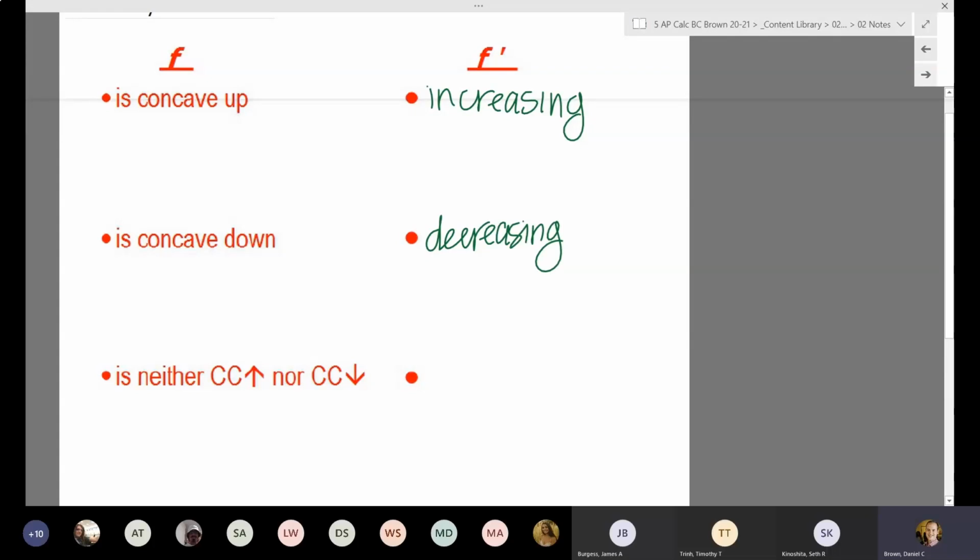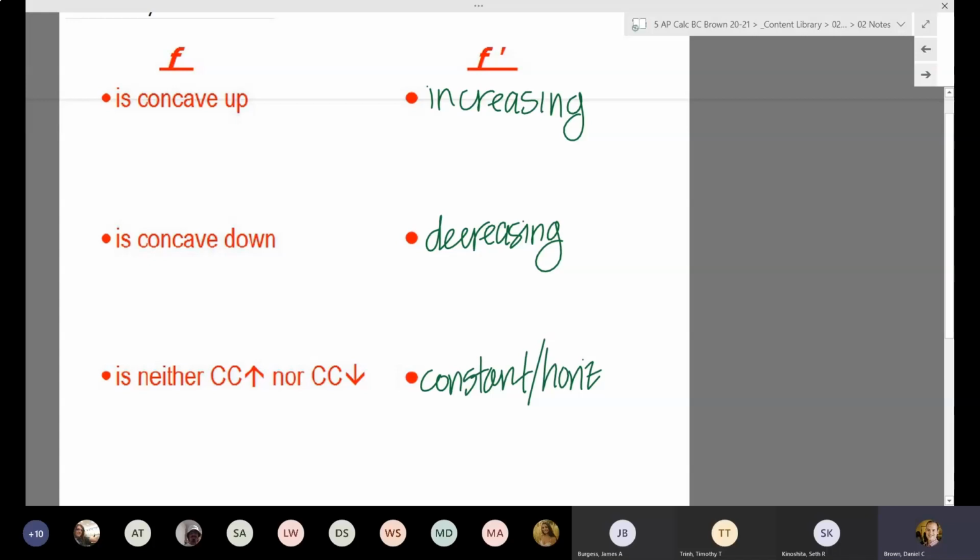And then this last one we haven't seen too much, but basically if f prime is not increasing or decreasing, that is really when it has no concavity. Well, what does that look like on the graph? If your function is neither concave up nor concave down, then f prime is going to be constant and horizontal.